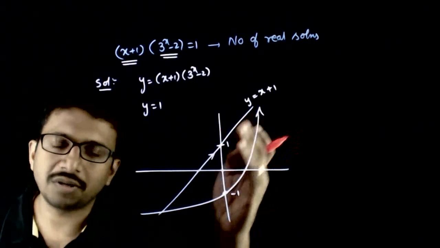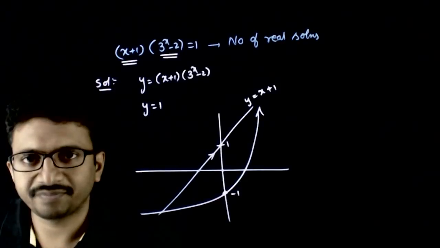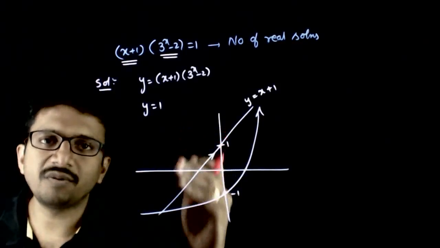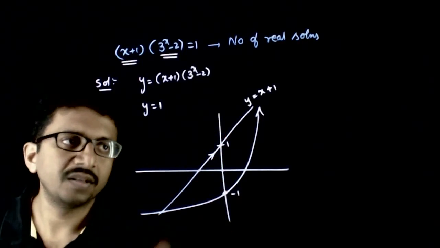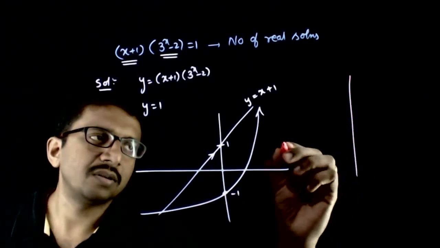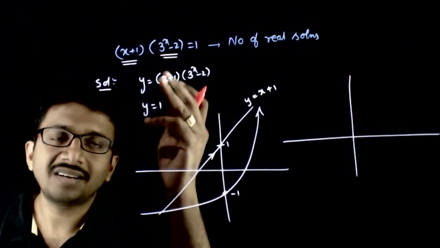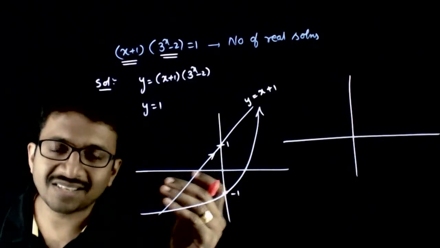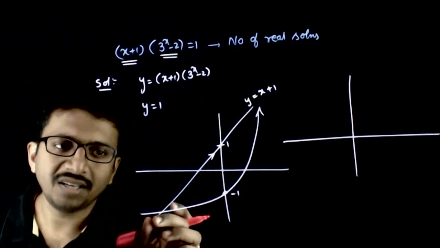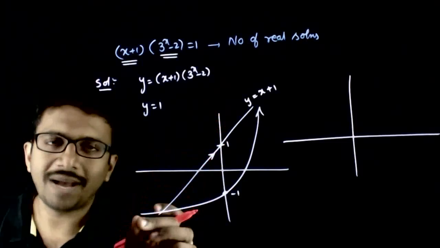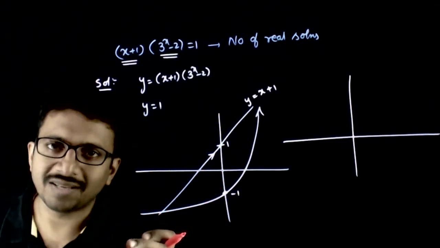This graph is also increasing as we go towards the right. So what happens if you multiply these two curves? When x is going towards minus infinity, this goes to minus 2 and this goes to minus infinity.